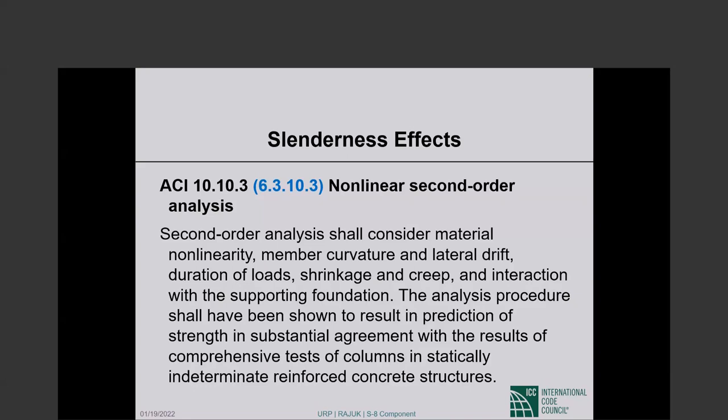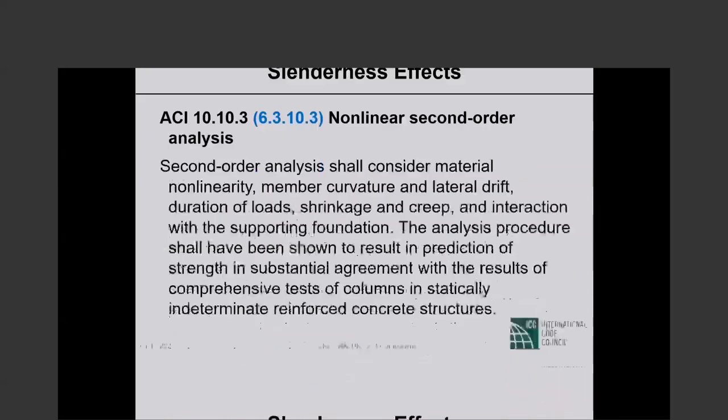There may be research programs available here and there, I do not know, but to the practitioner, this is not a viable option. There is no computer program available on the market that will do this type of nonlinear second order analysis for you. So this is a theoretical option. You can just cross it out.